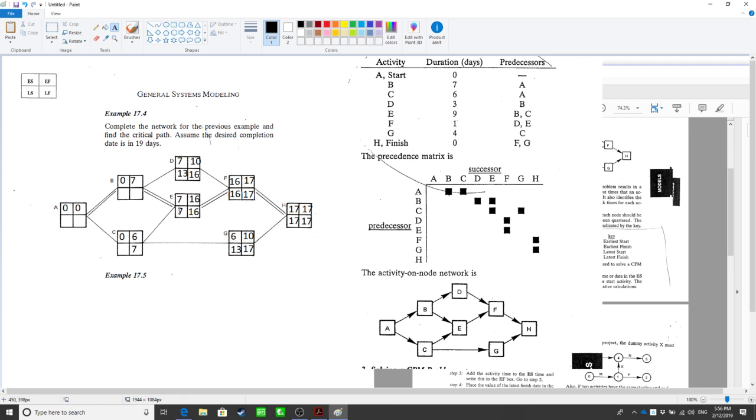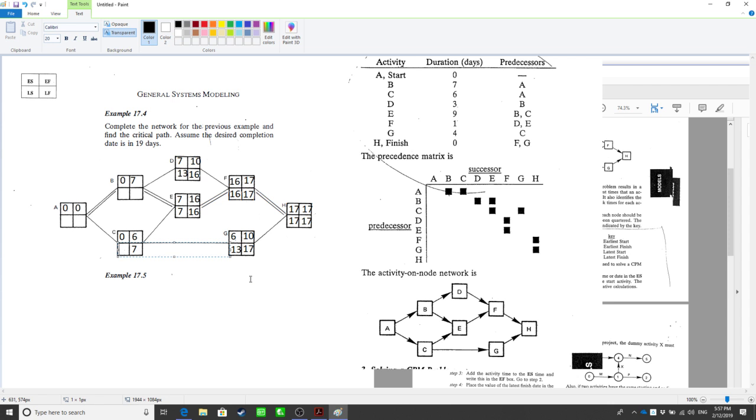Latest finish time always has to be larger than earliest finish time, right? Well, it's gonna be larger or equal to. It can be equal or larger. It won't be smaller. Yes. So this is 7, and the duration of C is 6.